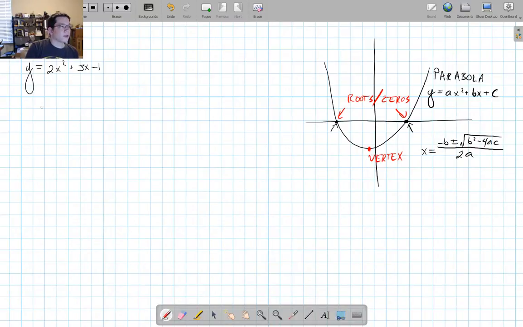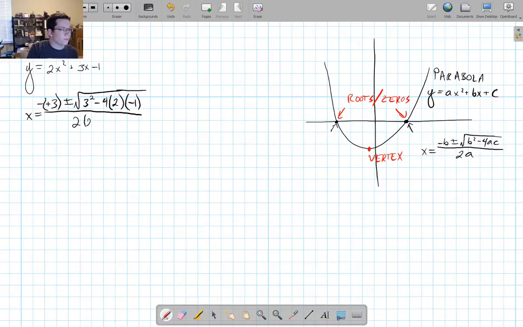So in our formula, we're going to say the roots are negative b, so b is the number with the x all by itself, so we'll have positive 3 that's negated, plus or minus the square root of b squared, so 3 squared minus 4 times a, which is 2, c is negative 1, all over 2a, which is 2.